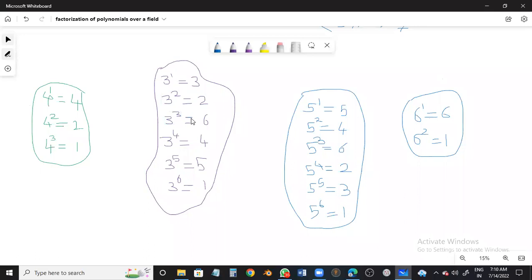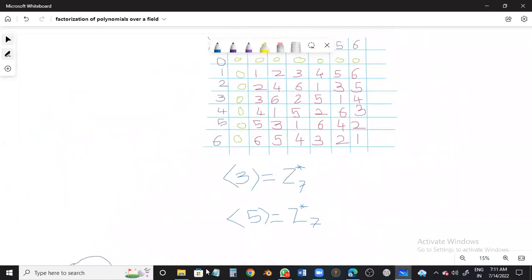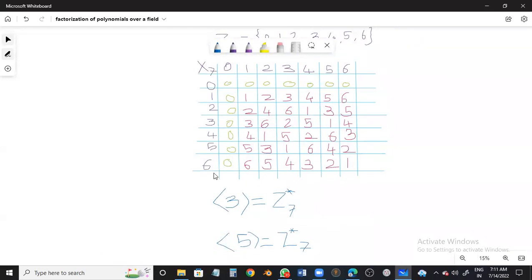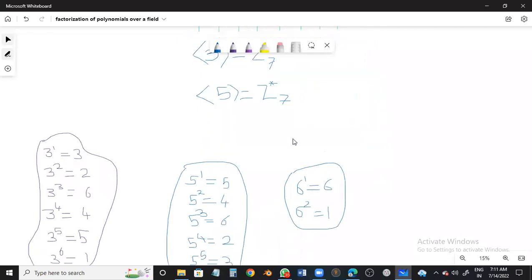If you divide by 7, the remainder is 6. 3 raised to 4, 81. When divided by 7, the remainder is 4. Or you can check 6 threes in our table. What is 6 threes? 4. I hope you followed me.